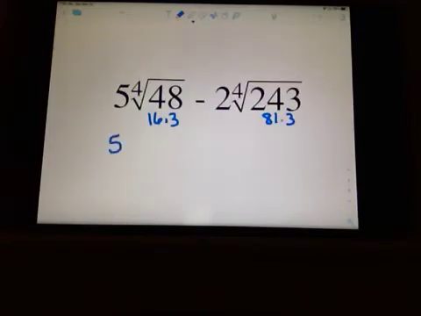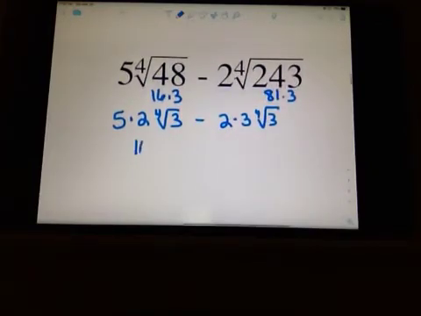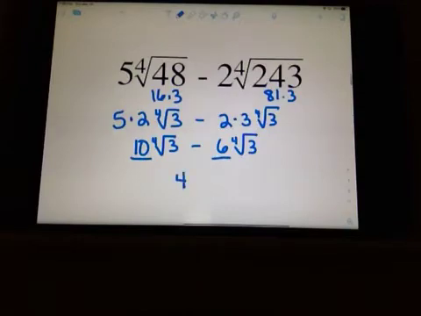So I have 5. The fourth root of 16 is 2. The fourth root of 3 left, minus 2 times the fourth root of 81 is 3, and the fourth root of 3 left. So I have 10 fourth root 3 minus 6 fourth root 3. So 10 minus 6 is 4. Fourth root 3.